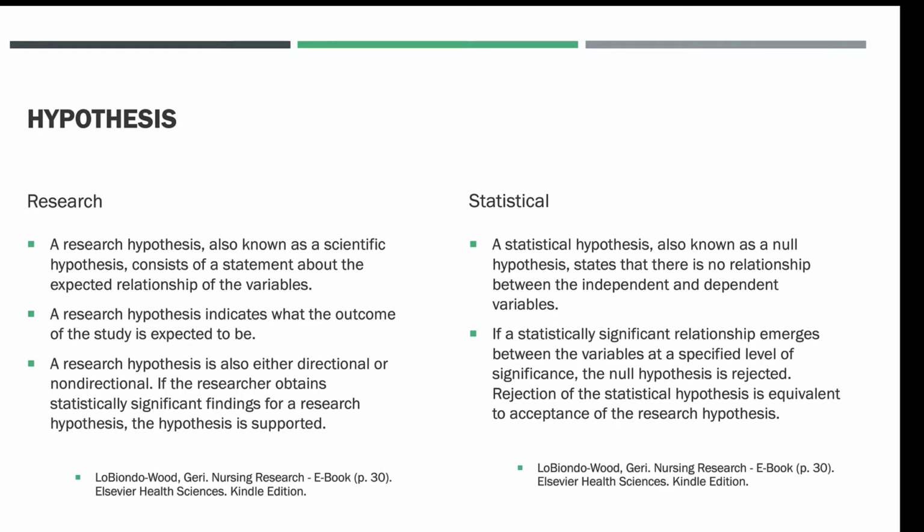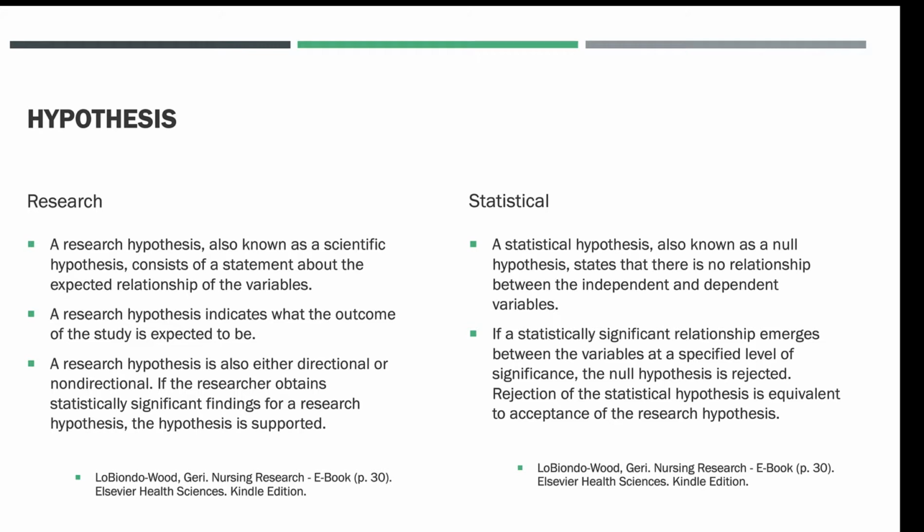The second type of hypothesis is a statistical hypothesis. It is also known as a null hypothesis. You probably remember that term from your statistics class. It states that there's no relationship between the independent and the dependent variables.